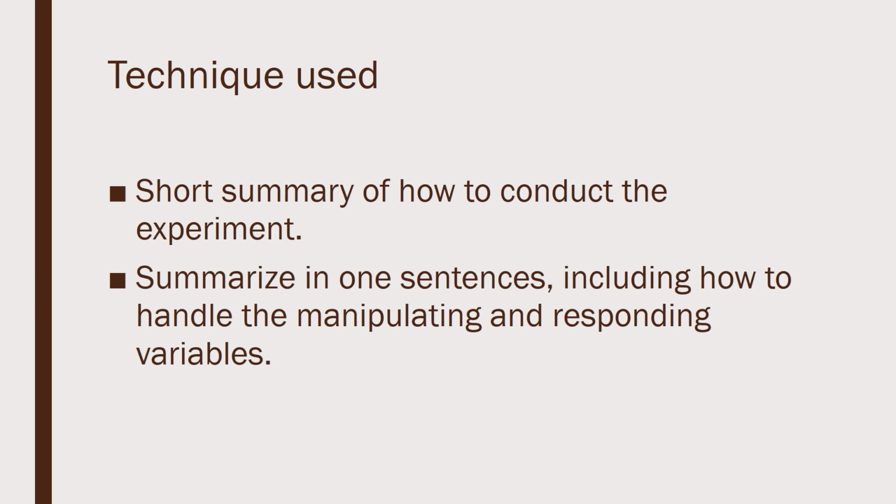But actually, it is just a summary of how to conduct the experiment. You just need to summarize the whole experiment using one sentence, but in the sentence, you have to include how you handle the manipulated and responding variables. That's why I say technique used and variables go hand in hand.